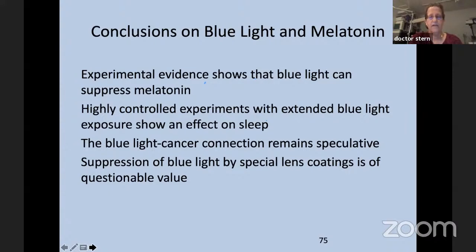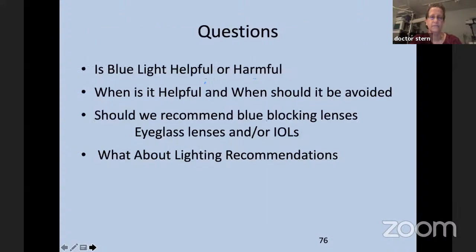And I think these lens coatings are of questionable value certainly if we're talking about eye health. Maybe there's something to it in terms of the computer screen, but if that's important, why don't we put it on the computer screen and then not be wearing it when we're not on these devices?